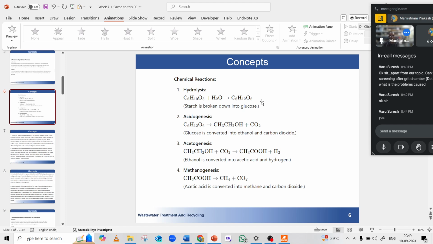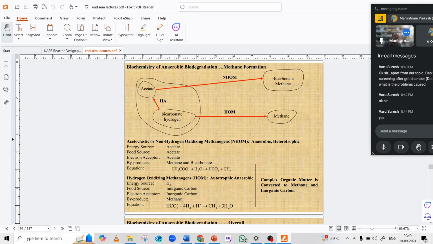A significant role is played by the organic matter and the microbes present. That's why it is always preferred that you should know the nature of microbes and all these things, okay? I hope you are getting what I am saying. I am not going into details, I am just showing how things work.